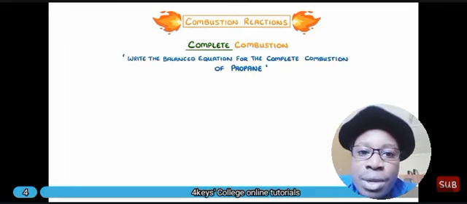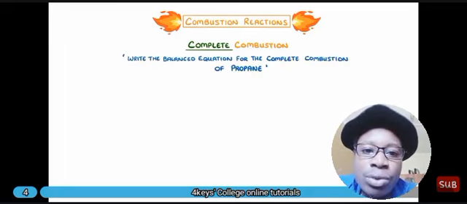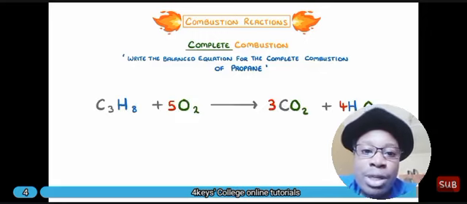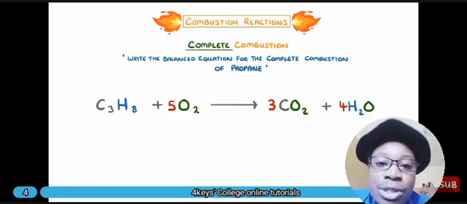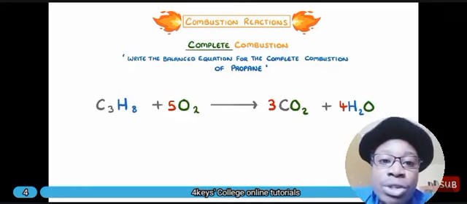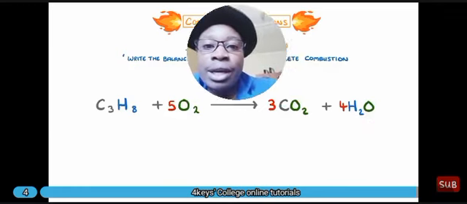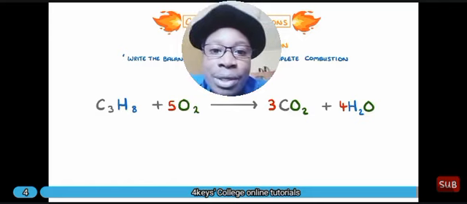Okay. So how would you represent this using equations? You must be able to write a balanced equation for the combustion of our alkanes. As before, you're going to have your hydrocarbon, your alkane, plus oxygen to give carbon dioxide and water, and you have to check whether it's balanced.